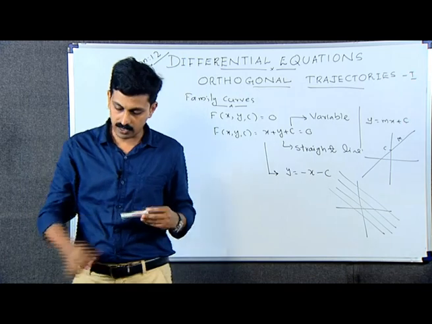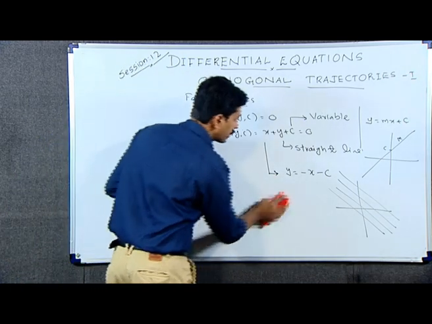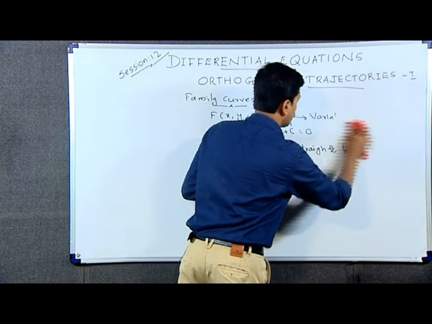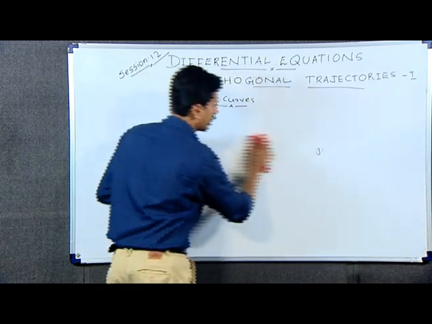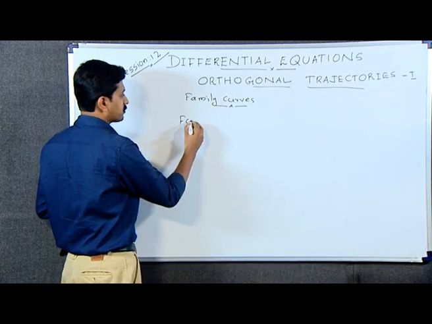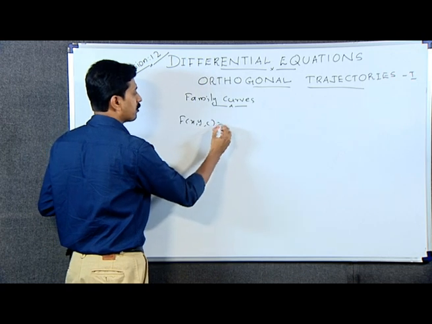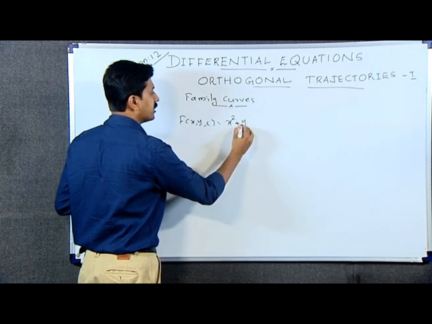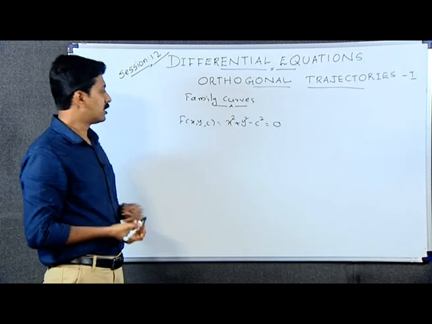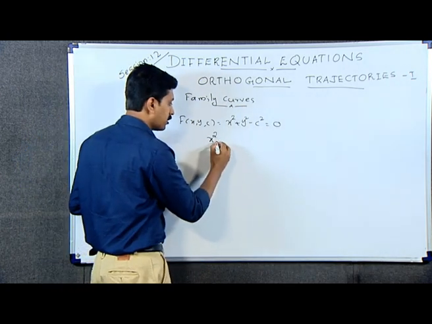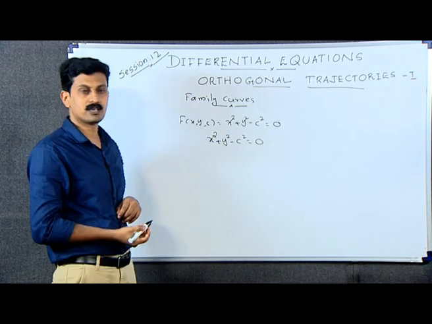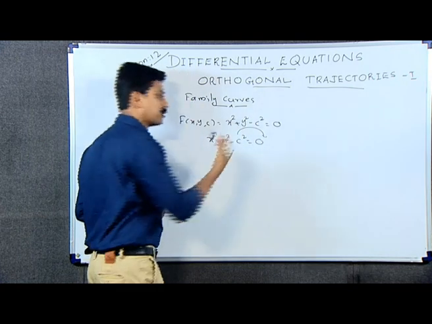While discussing families, we discussed straight lines, and similarly we can have f(x, y, c) equal to x square plus y square minus c square equal to 0. I am taking c square here.